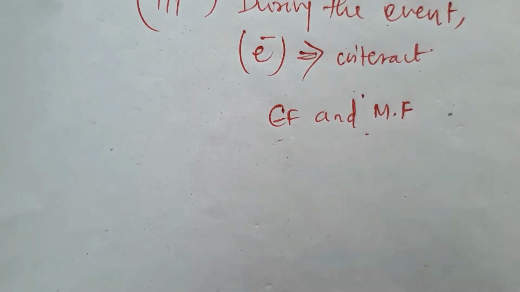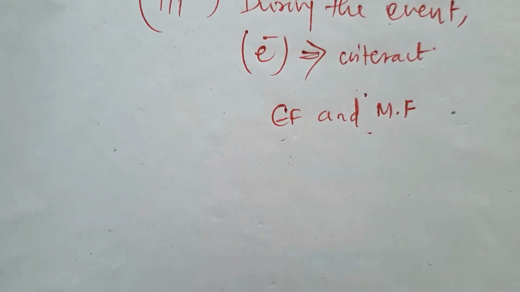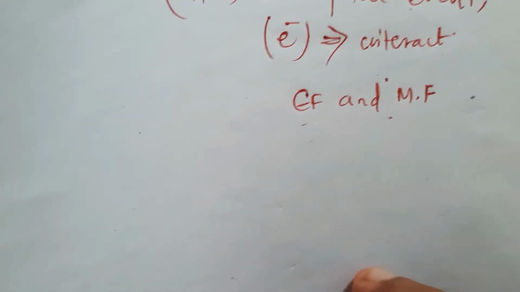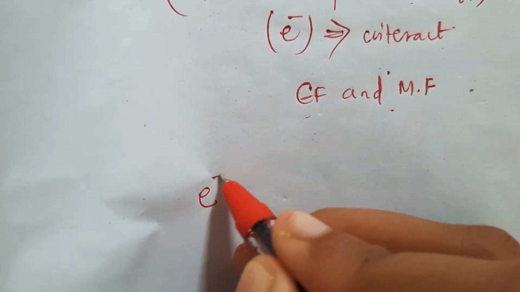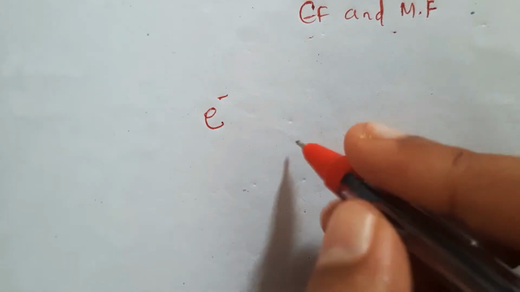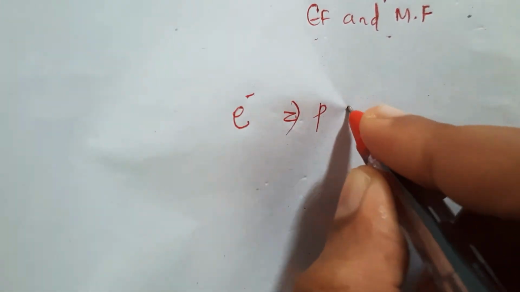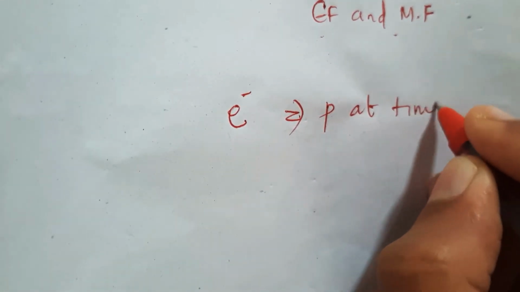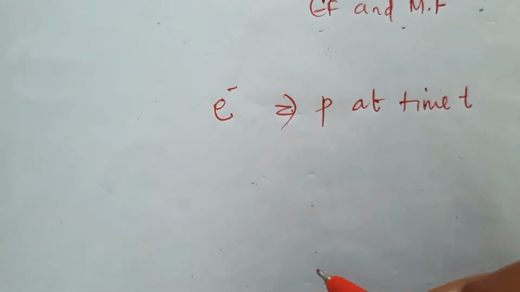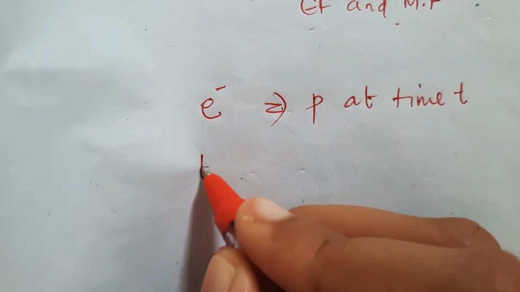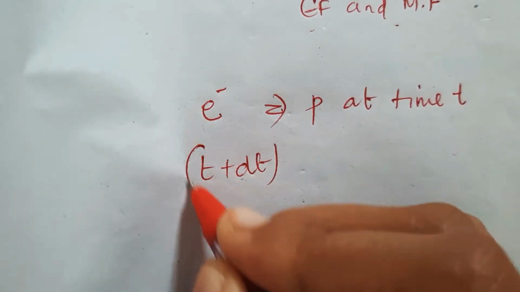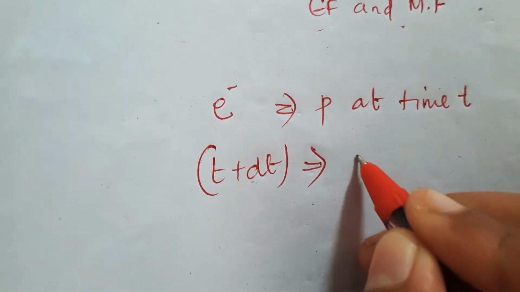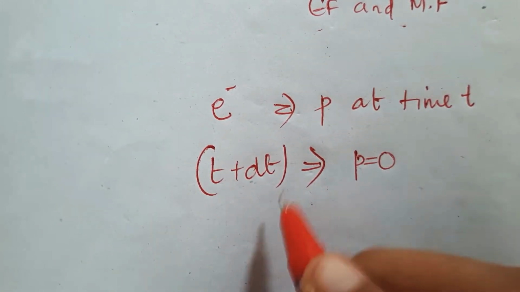Now let's move on to the derivation of the Drude equation of motion. Consider an electron with momentum p at time t. Let us say that after a time t plus dt, the momentum becomes zero, because it undergoes scattering.